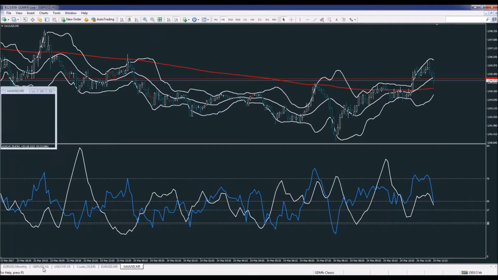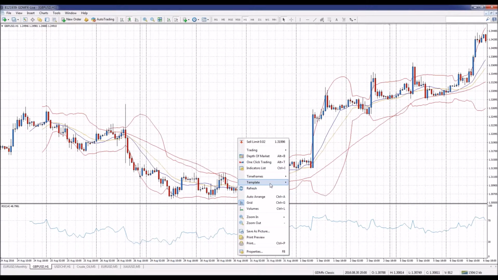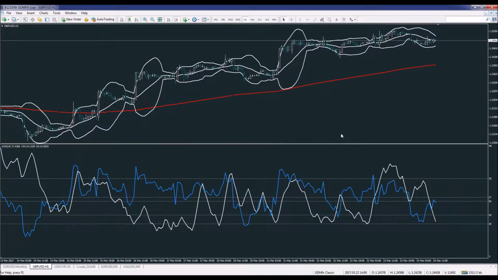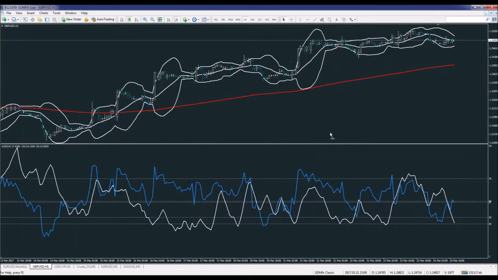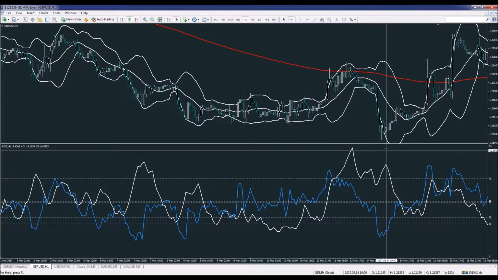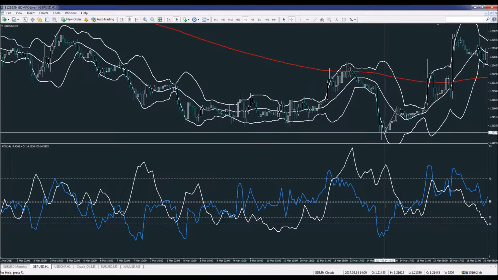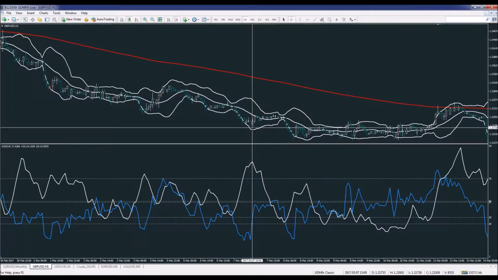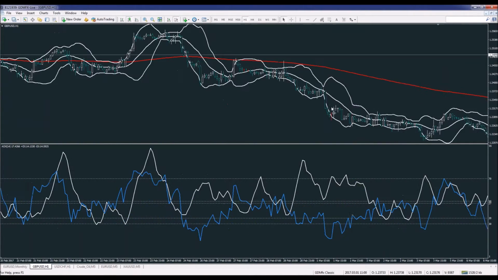Let's go for the British pound versus the dollar. Let's go for our template, the counter trend, so we can have a look at what we've got at this stage. There is a valid signal here. There you go. Another 36 pips of profit, or $360 here, or in this case scenario as well, another $300 here.